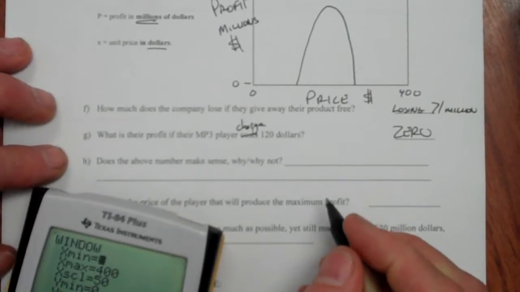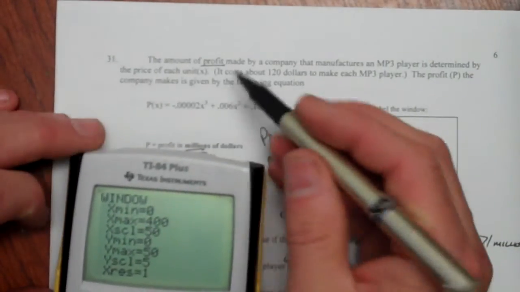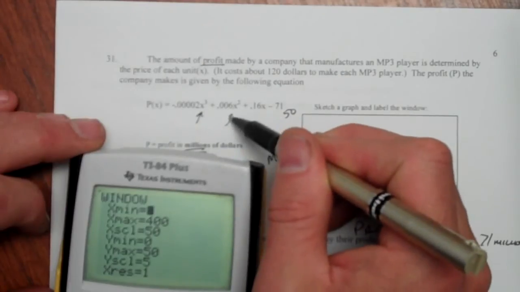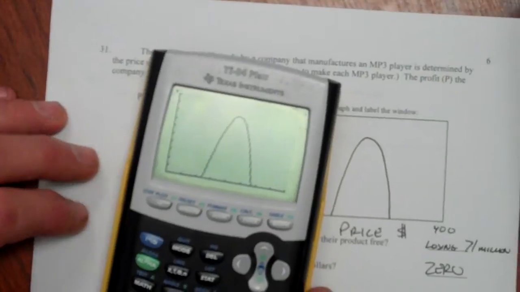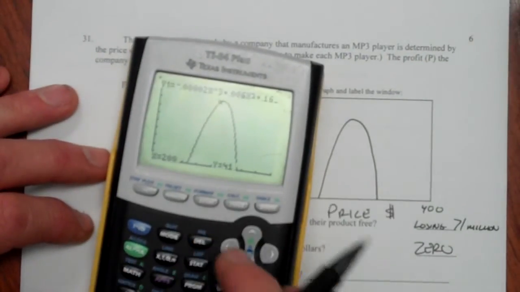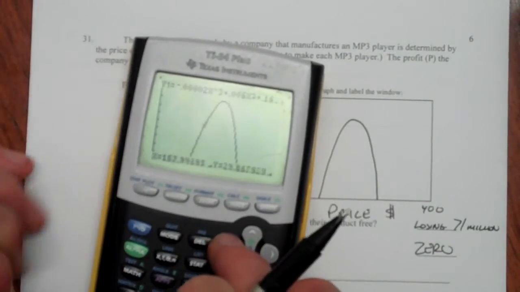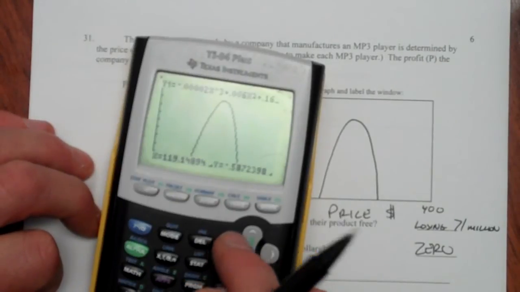Does the above number make sense? Well, if I plug in 120 right here, that's really what I'm asking. If I plug in 120, do I get 0? Let's try it. If I go to my graph and trace back so that X equals 120, there it is.